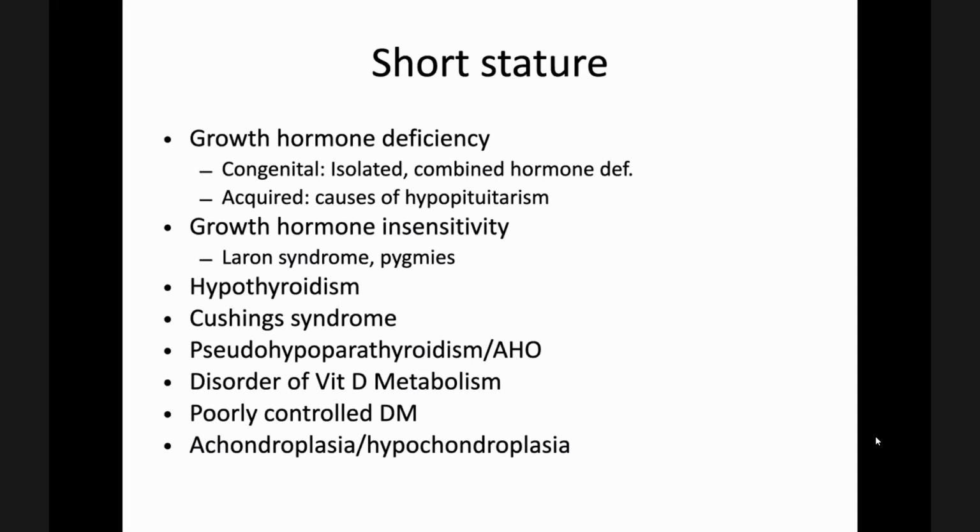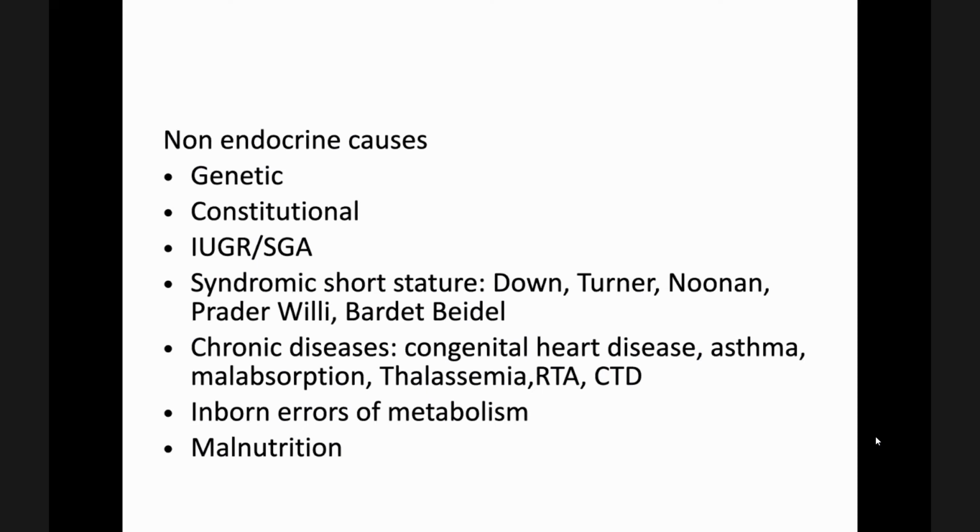These are all causes of short stature, but some of the diseases are related to pituitary disorders. There are other non-endocrine causes of short stature like genetic, constitutional, familial, or intrauterine growth retardation, small for gestational age, and syndromic short stature like Down syndrome, Turner syndrome, Noonan syndrome, Prader-Willi, Bardet-Biedl syndromes.